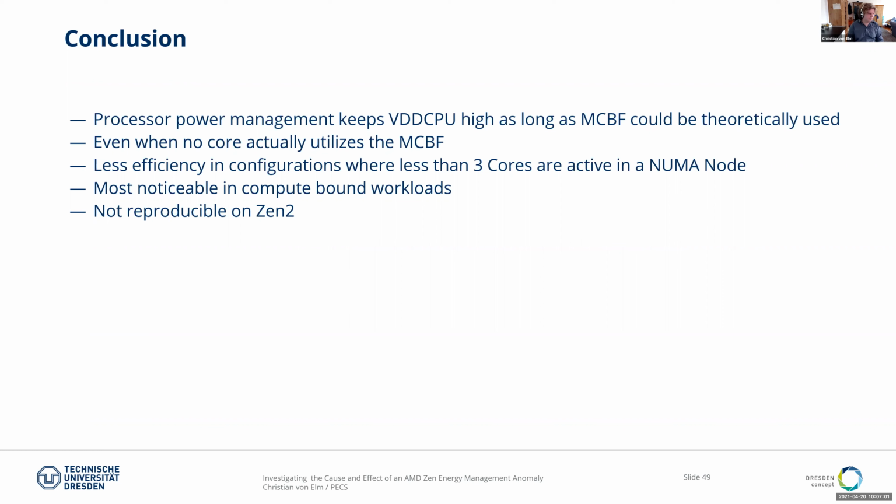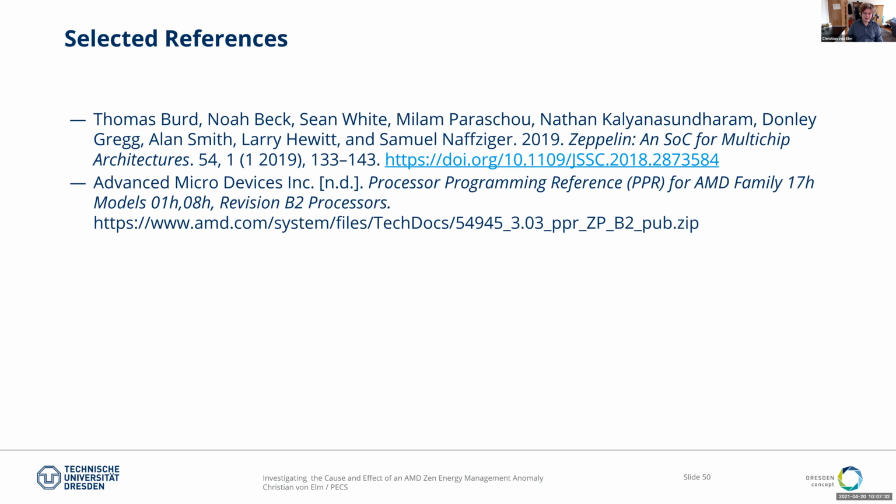And as we have seen, because this is bound to VDD CPU, the reduction in power consumption is most noticeable in compute-bound workloads. And as a last point, when we looked at the successor architecture Zen 2, we couldn't yet reproduce any similar behavior. So that concludes my talk.